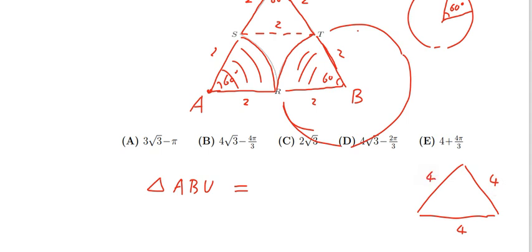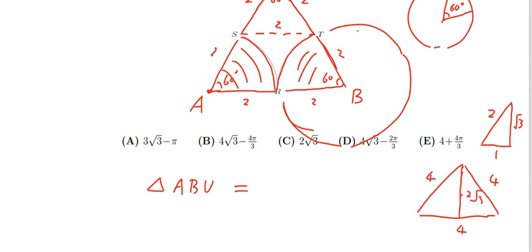What is this area? We need to find this height. So if there's 2, maybe we should remember the typical right triangle. If this is 1, this is 2, then this is radical 3. So if this is 4, then this is 2 radical 3.